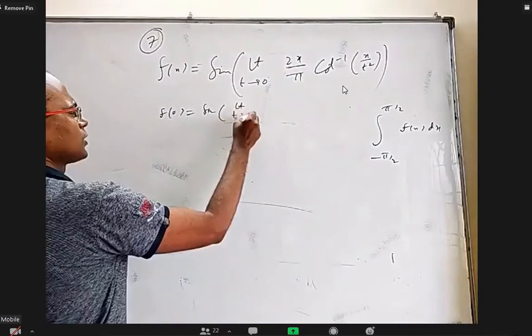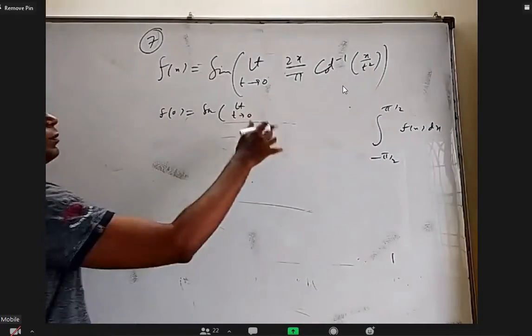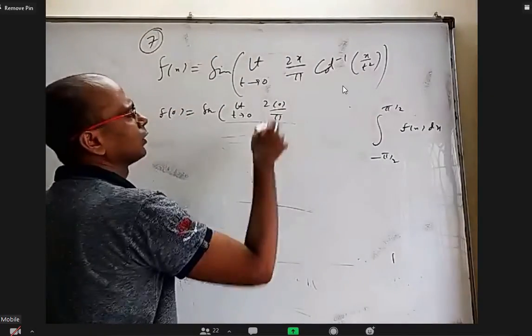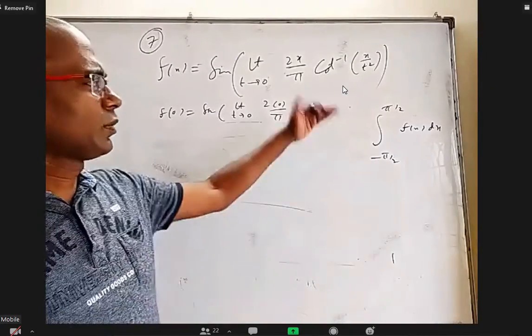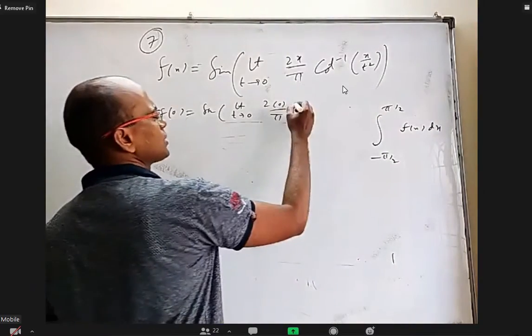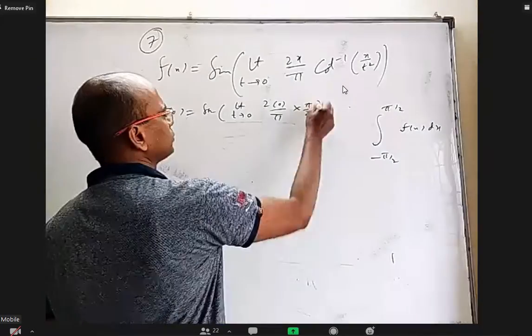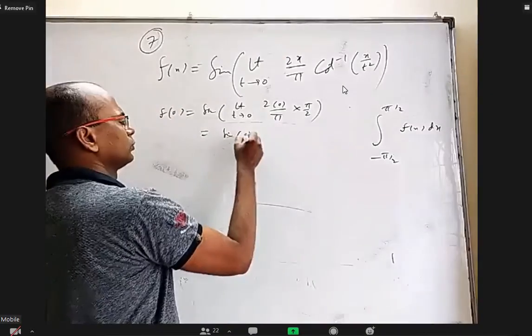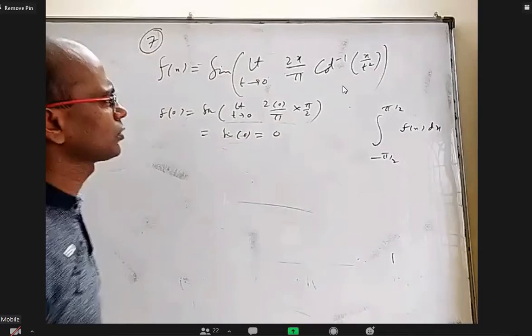Sine limit t tends to 0. When you directly put 0, it will become 2 into 0 by pi. F of 0 may not be important because we will break the integral at 0 anyway. But still, I'm just finding this: cot inverse 0 is pi by 2. That is whole thing is 0, we get sine 0. F of 0 is 0.